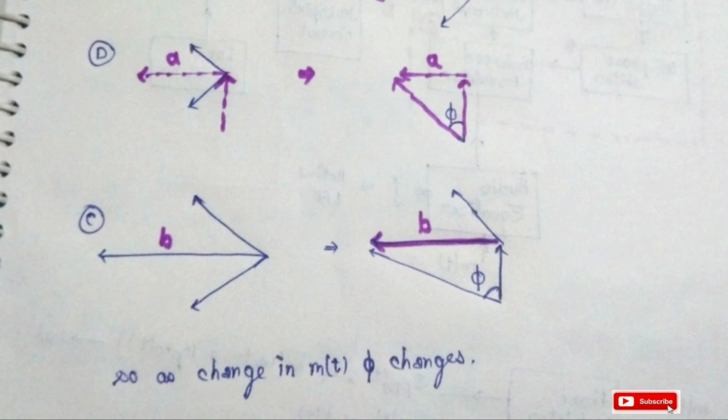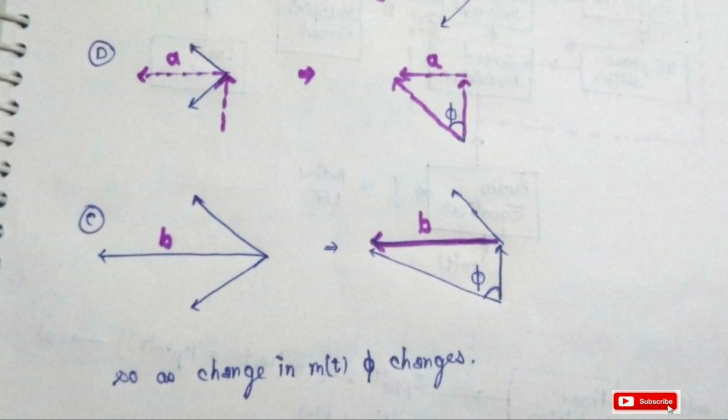In this discussion, we discussed the case when we are not providing the integrator to the circuit. If we provide the integrator to the circuit, then the resultant signal that is generated is not the phase modulated signal, it is the frequency modulated signal.